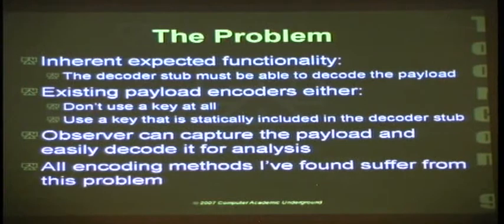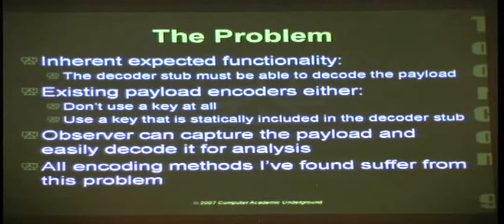The problem here is that the decoder stub's expected functionality is that it's able to decode the obfuscated payload at the target. So all of the existing encoders that I looked at either don't use a key, using some kind of mathematic way to obfuscate and unobfuscate the payload, or they use a key, but the key is actually included in the decoder stub so that it's able to decode once it executes.